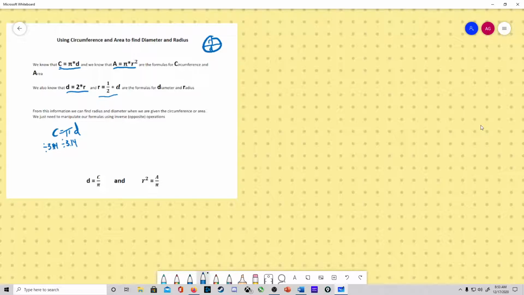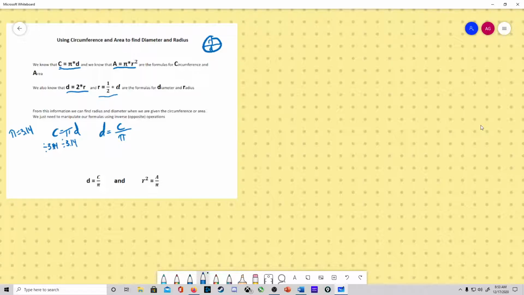Pi really is just a representation of a number. It's not really a variable because it doesn't vary. It's always going to be this. We just use it as a representation. Then you can see that diameter is going to be equivalent to the circumference divided by pi. And remember, if it's confusing, pi is equal to 3.14. That's why I'm showing it as division here, to see that we can just divide it out. So then for any circumference, if we divide it by pi, we're going to get the diameter.